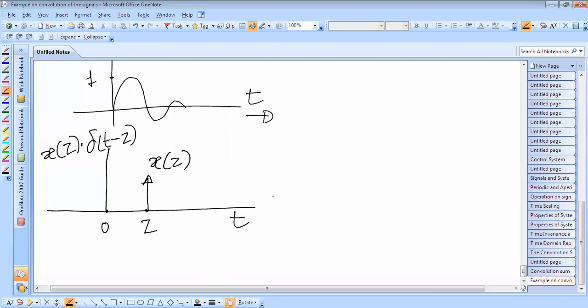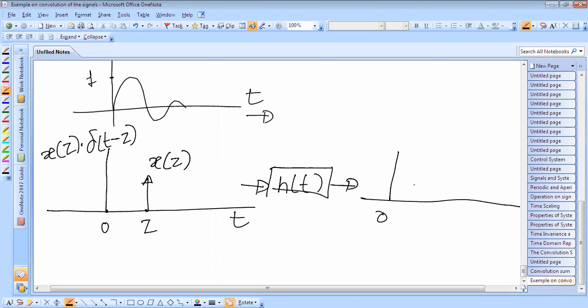Okay. So here, this is the impulse response, and now we get the time shifted impulse response.